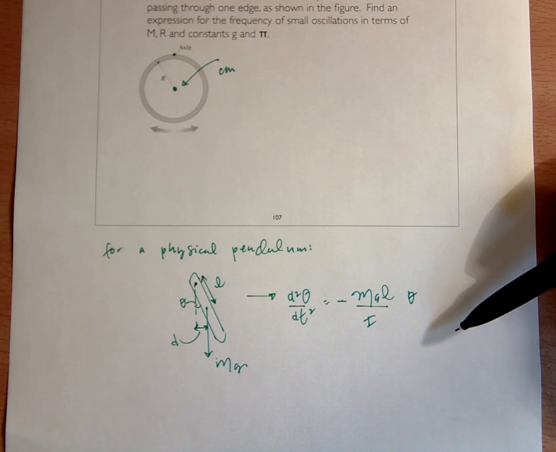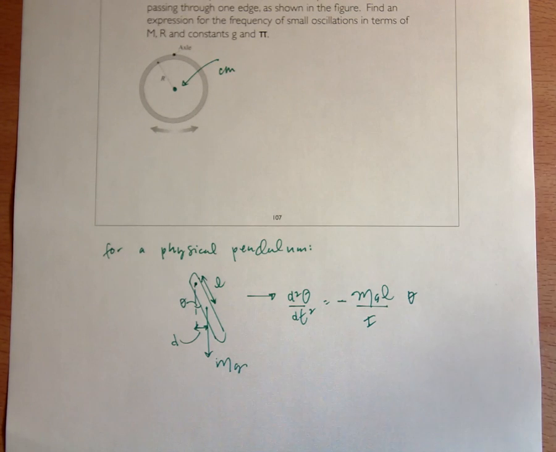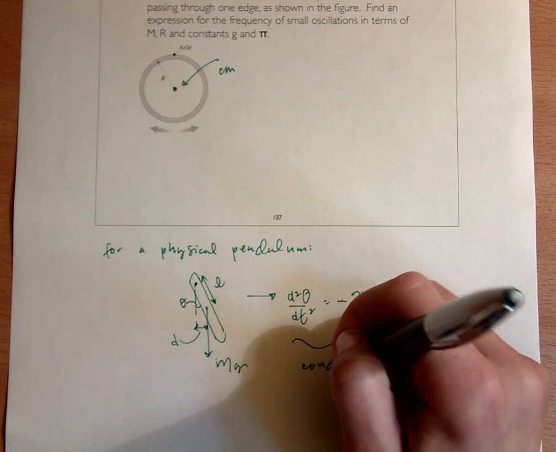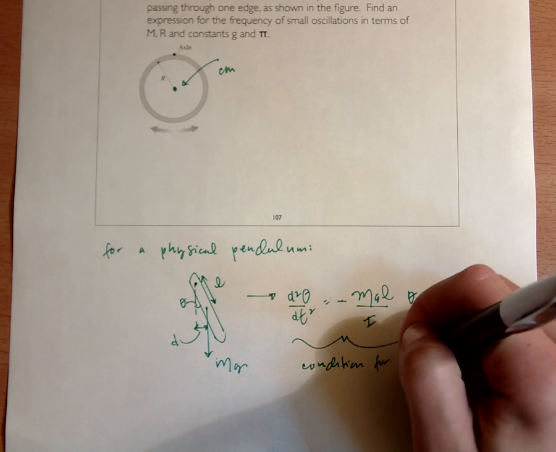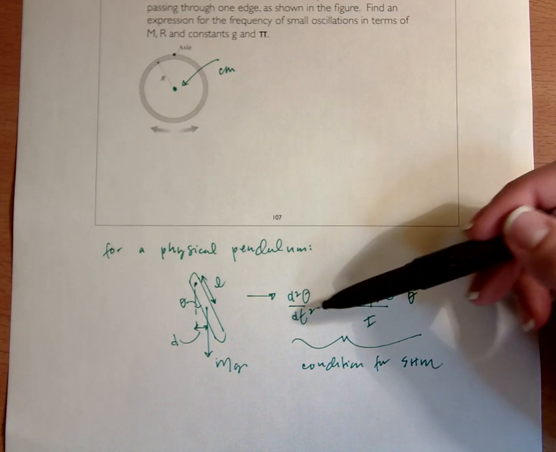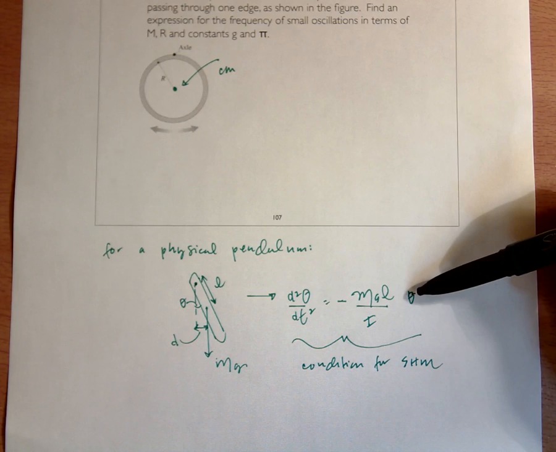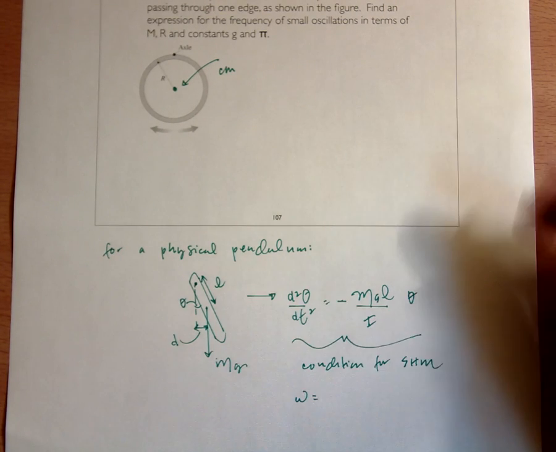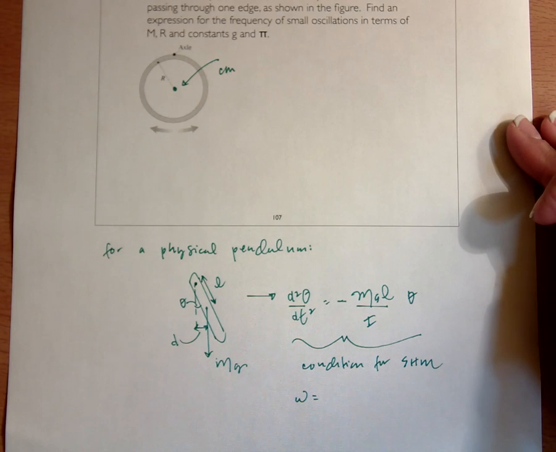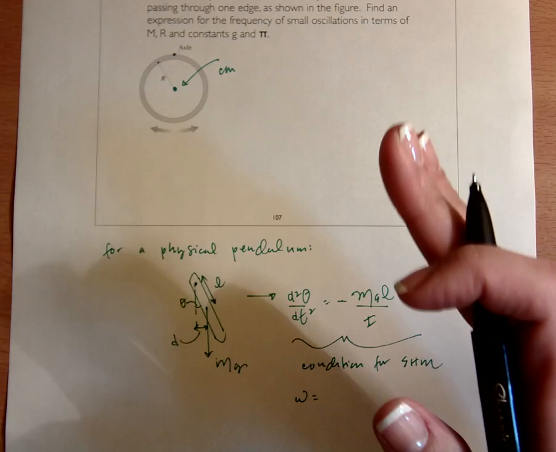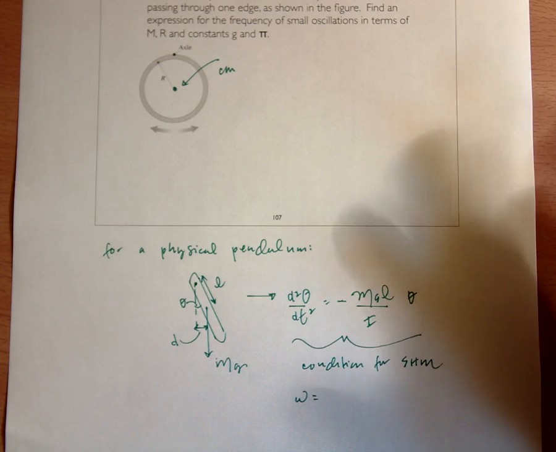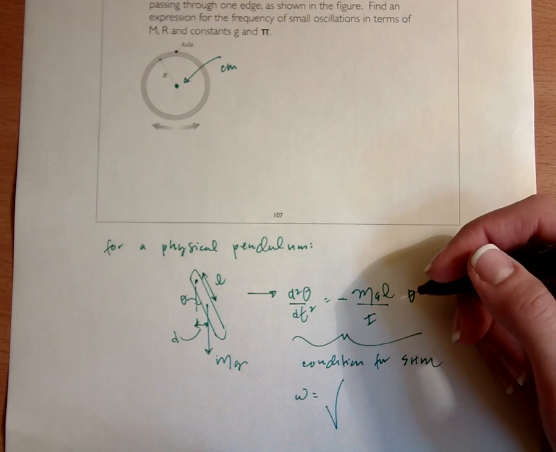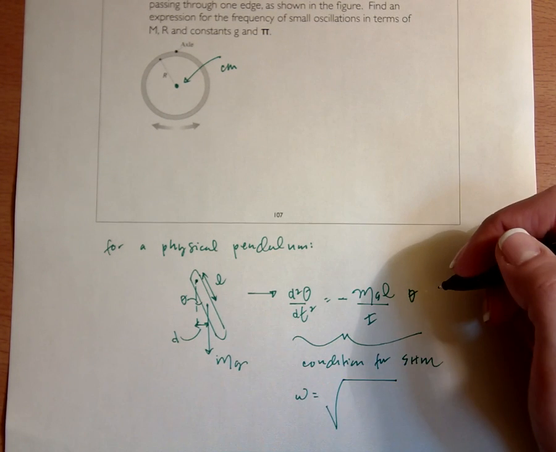So this satisfies that condition, and what that means, since this is the condition for simple harmonic motion, that the acceleration is proportional to the negative of the displacement, then that means that the angular frequency of the system, the angular frequency that it oscillates with, is equal to the square root of the constant multiplying the displacement, in this case the angle.